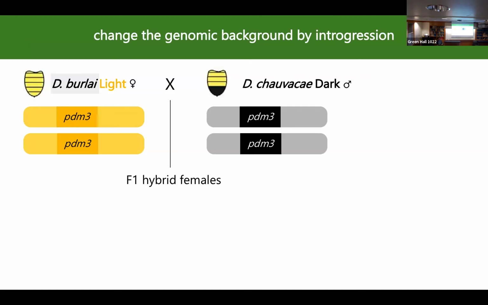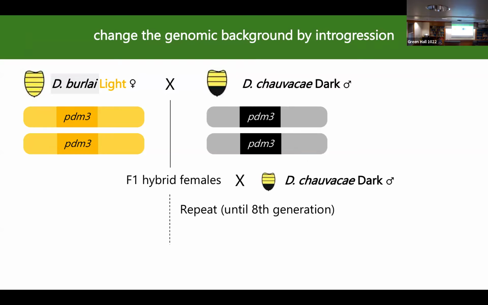And so what I did was to change the genomic background by introgression. When the light strain of the dark dominant species brulli is crossed with the Shobaka dark strain, it's possible to get F1 hybrid females.